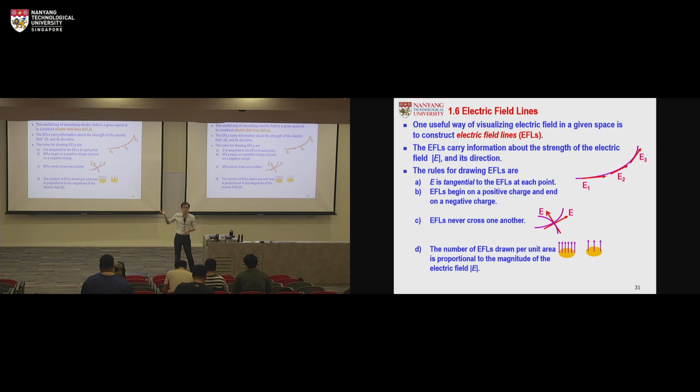Actually, first of all, the understanding is just some imaginary geometric lines which you can draw to help you visualize the distribution of electrical field E in real space. So this is a so-called electrical field line. The purpose of having this electrical field line is just to give you some way to visualize the electrical field distribution, so you don't have to just imagine in your mind.